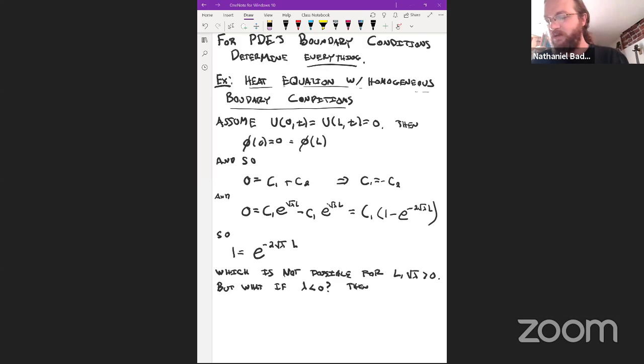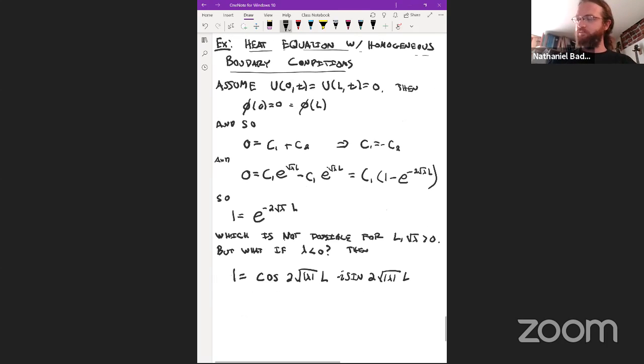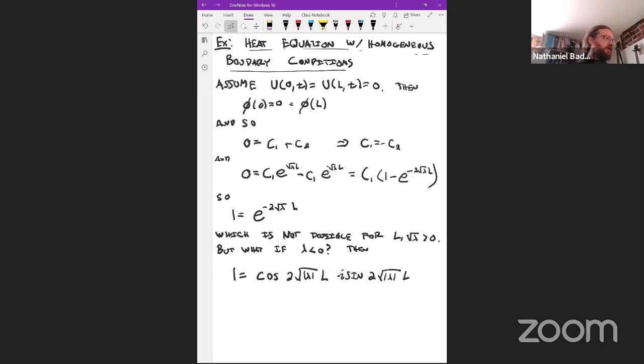Then we need 1 equal to cosine of 2 root absolute value of lambda times L minus i sine 2 root absolute value of lambda times L. Okay, so this holds.